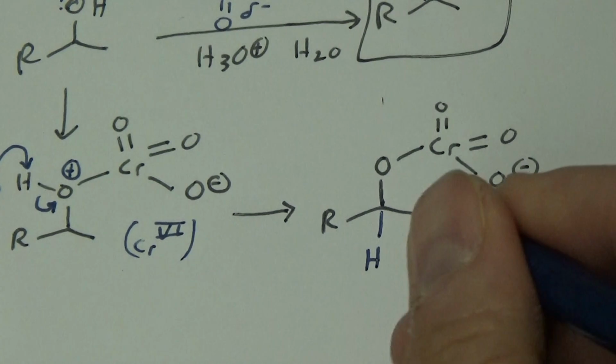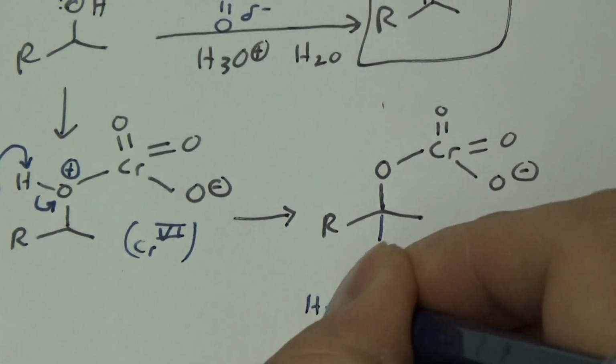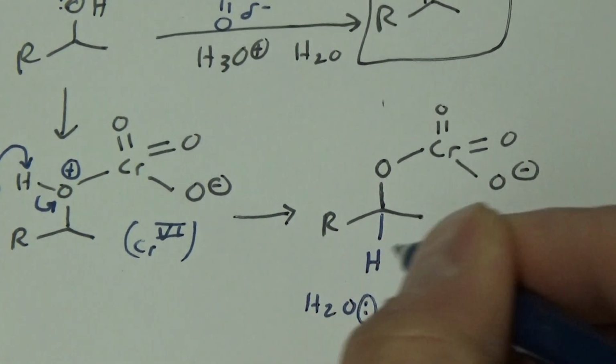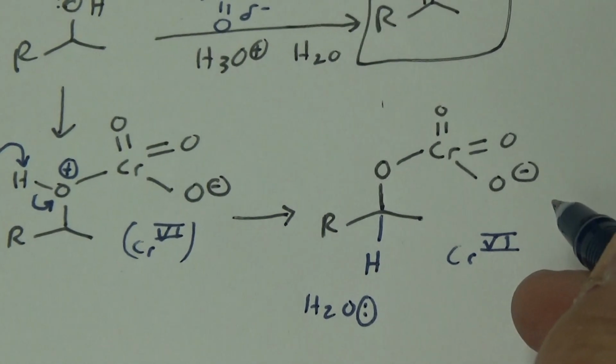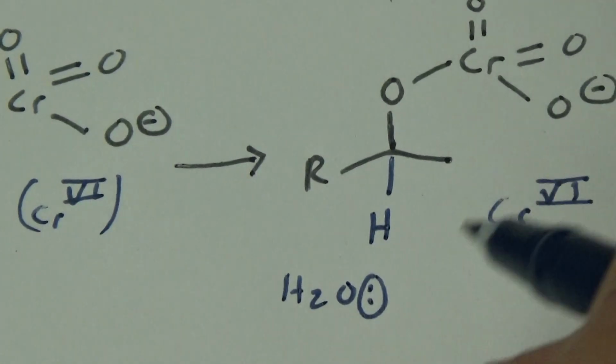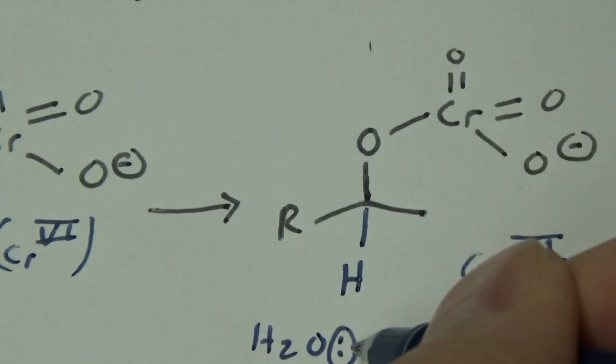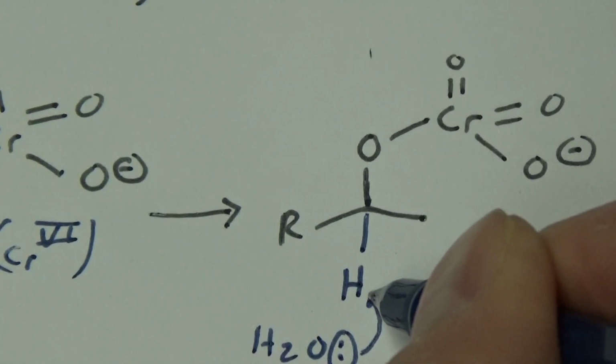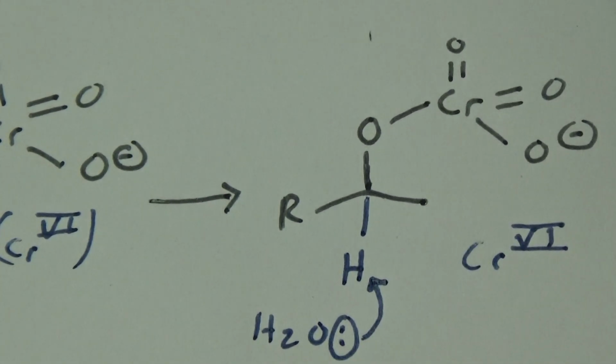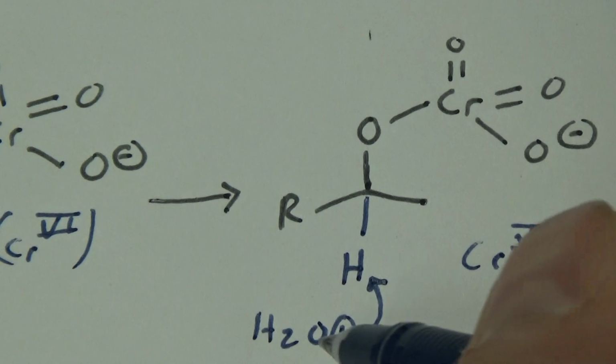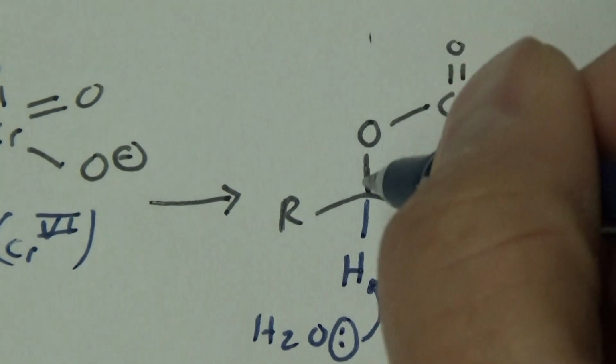So what I do is I just draw water again, H2O, and now what's going to happen is it is going to get this proton, and this is where the oxidation actually occurs. Water takes that proton.